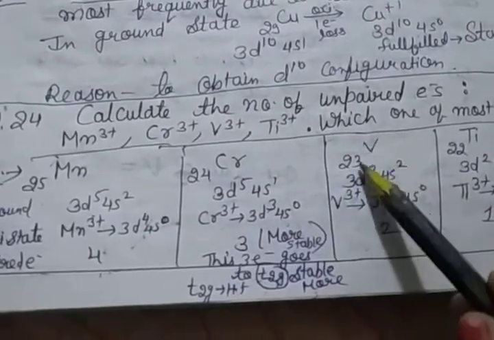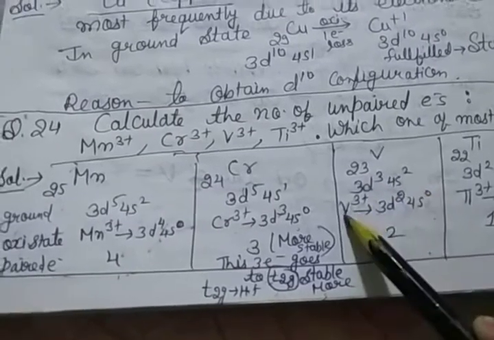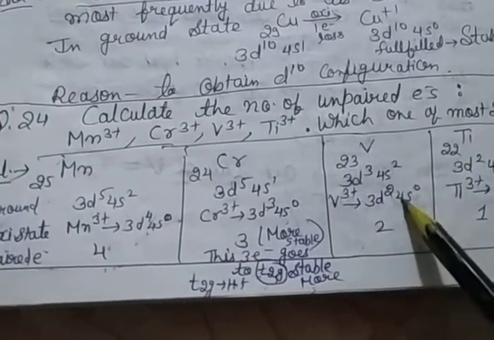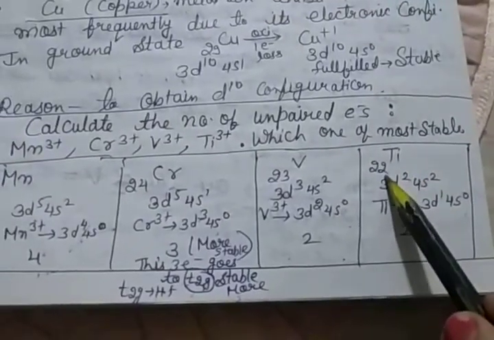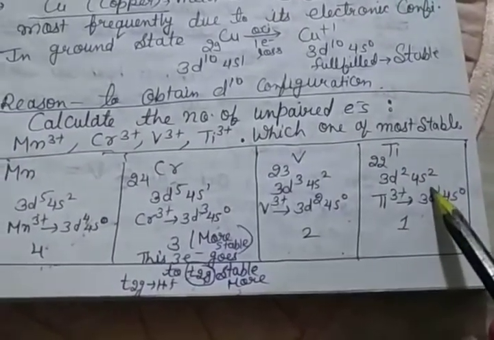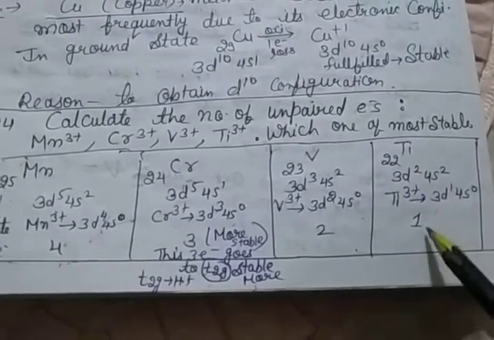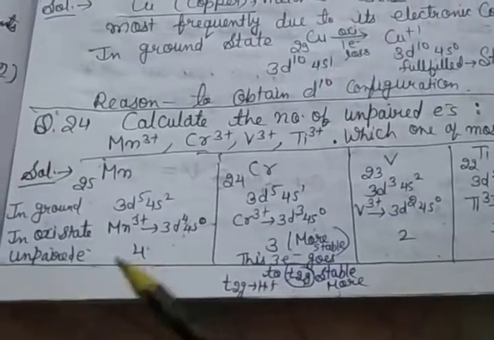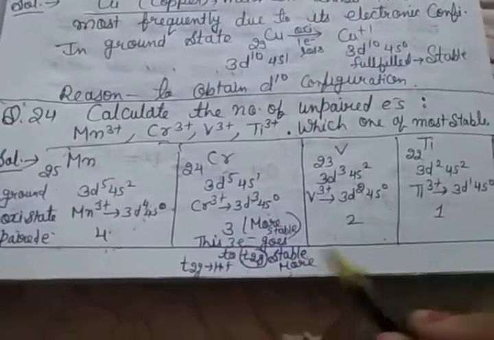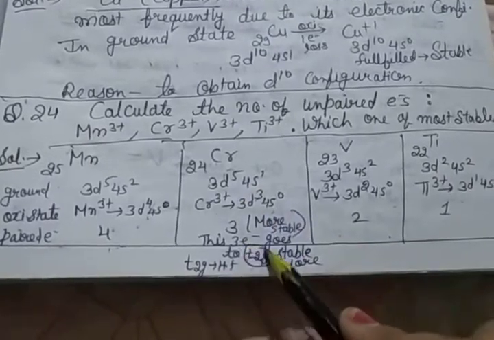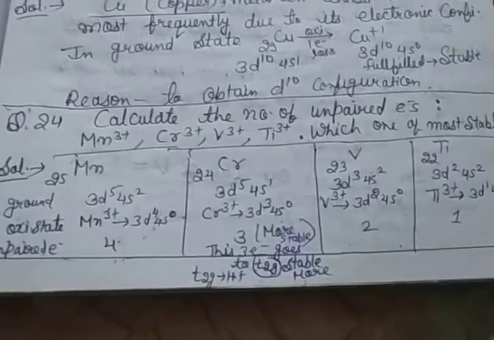Then vanadium, atomic number 23, configuration 3d3 4s2; for vanadium 3 plus, 3 electrons are removed, so 2 unpaired electrons. Titanium, atomic number 22, configuration 3d2 4s2; titanium 3 plus, 3 electrons removed, so only 1 electron. So Mn has 4 electrons and chromium 3 electrons. Which is more stable? Chromium, because it has 3 electrons in T2G, and it is more stable.